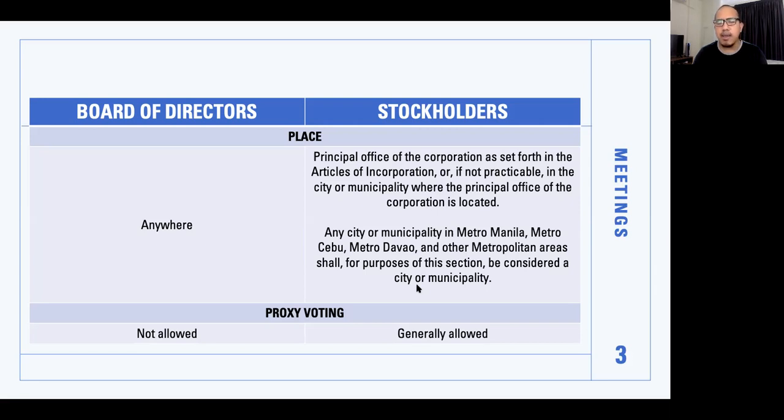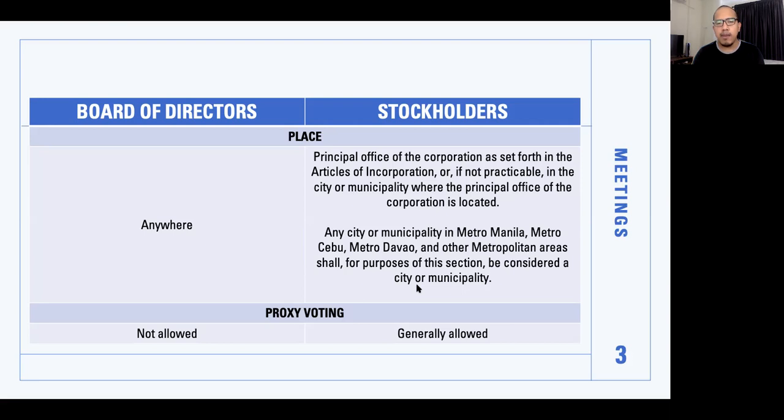Meaning, ibig sabihin lang yan, if the registered place of business or principal office of a corporation is Quezon City, it is acceptable to conduct the stockholders meeting in Makati. Sabihin mo, teka lang, magkaibang city yun. Totoo, magkaibang city yun.